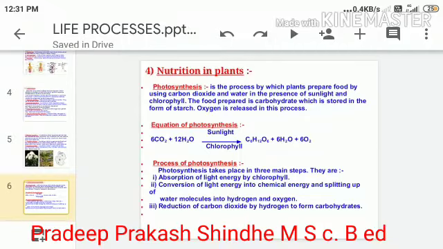Then again this respiration combines with the breakdown of that into minute particles and yields energy. But here we can see that glucose is formed in the process.